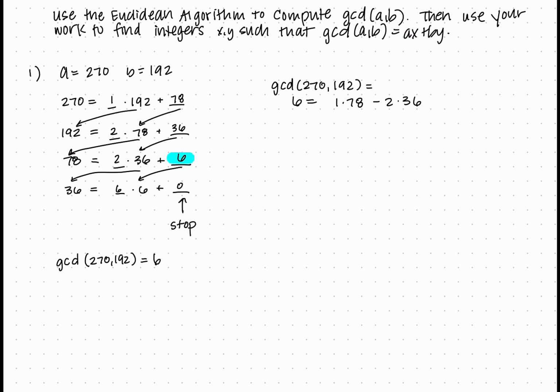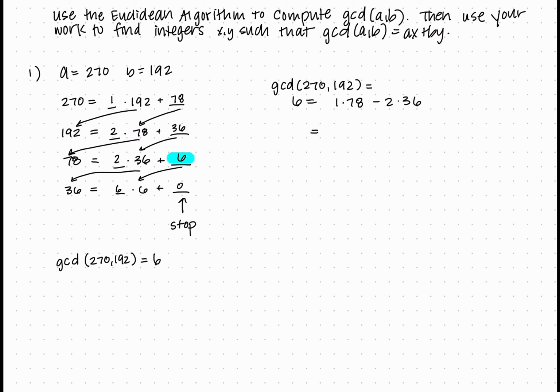Okay, it may seem strange that I'm doing that, but what I'm going to think about the whole way is I'm collecting these numbers, and eventually the 78 and the 36, I'll build them up to get here to my 270 and 192. So equals, now I can get rid of 36 because notice if I come up one step, 36 can be written as 192 minus 2 times 78.